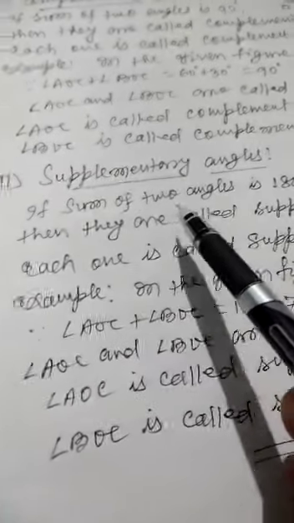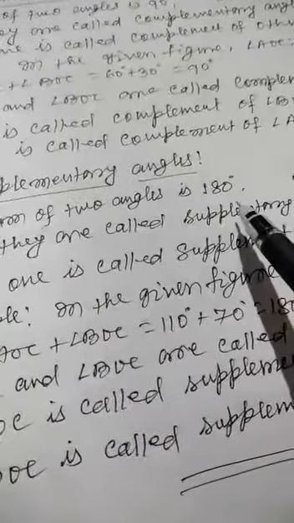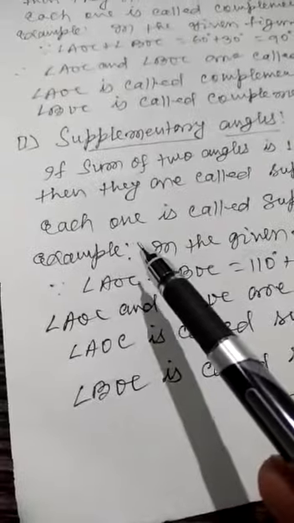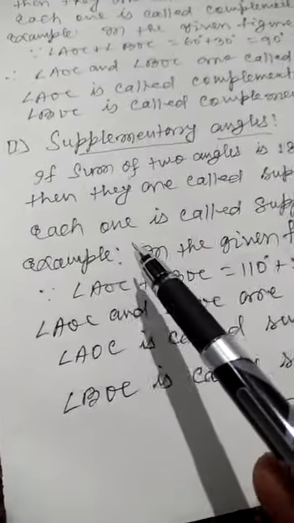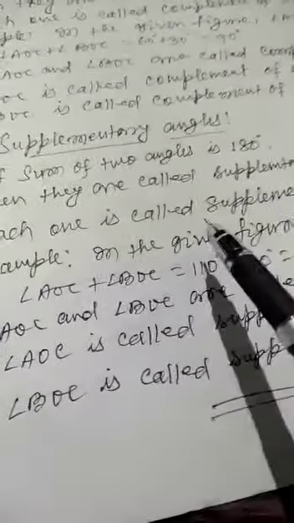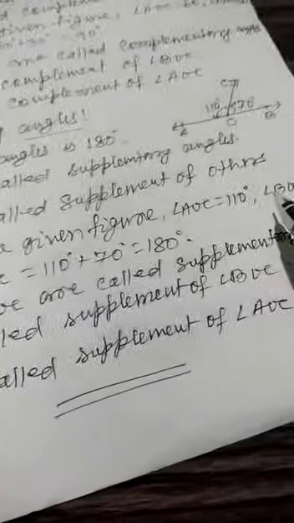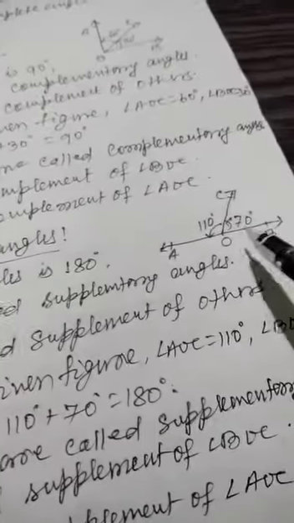Next, supplementary angles. If the sum of two angles is 180 degree, then they are called supplementary angles. In this case, each one is called the supplement of the other. Example, first you see the figure.